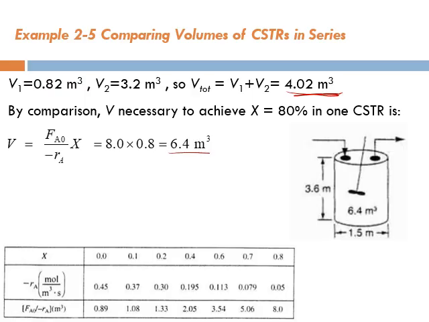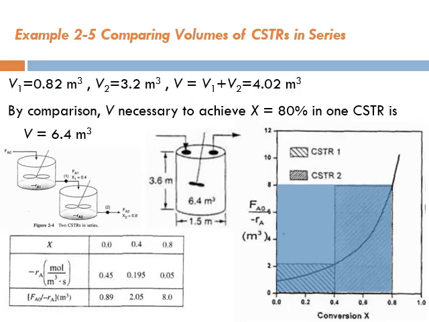So now we have 2 CSTRs in series to achieve an overall conversion of 80%, and their total volume is only 4 cubic meter. But if we use one CSTR, the volume is much bigger. It's around 6.4 cubic meter, although both of them are doing the same job, which is 80% overall conversion, right?